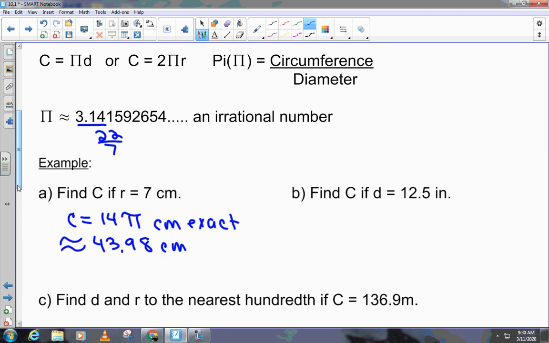This is an approximated answer, okay? All right, what would the exact answer for the second one be? Find the circumference if the diameter is 12.5 inches. 12.5 pi inches would be my exact answer. But then, if I plug it in, I get 39.27. And that would be an approximation.